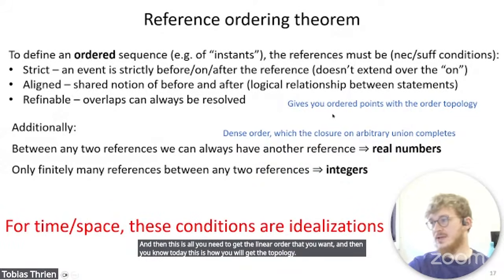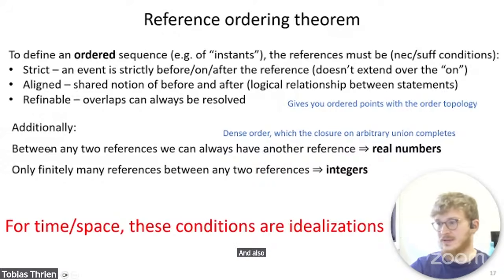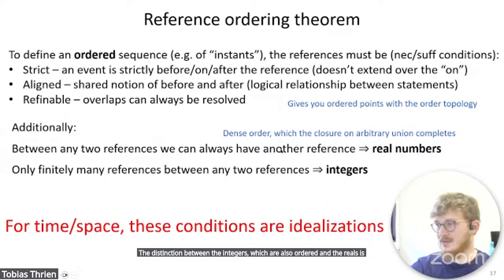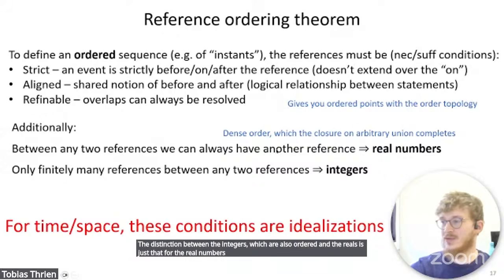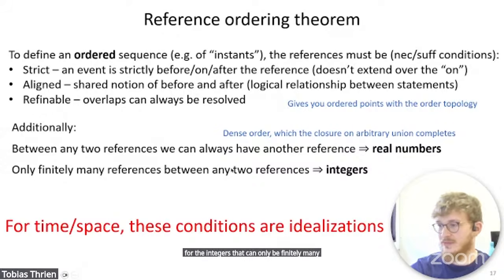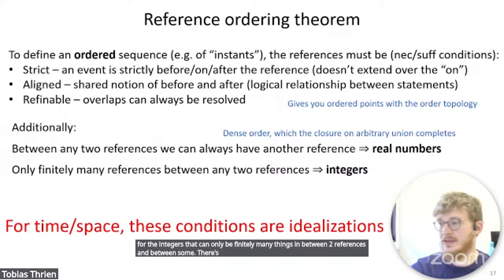And also, the distinction between the integers, which are also ordered, and the reals is just that for the real numbers, you can always put something in between. For the integers, there can only be finitely many things in between two references, and between some there's nothing in between.